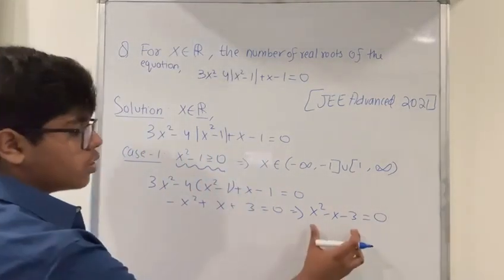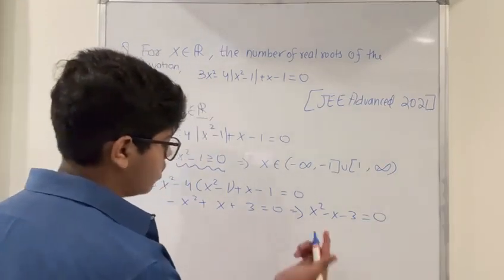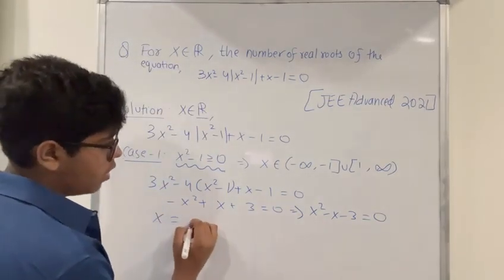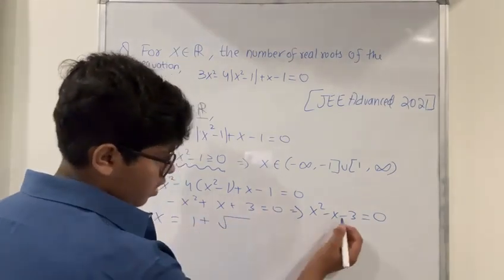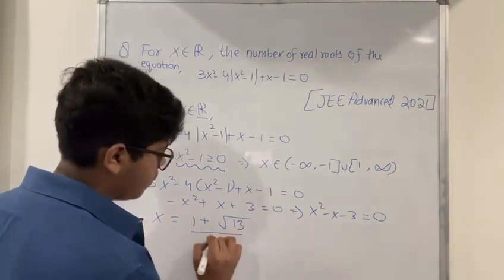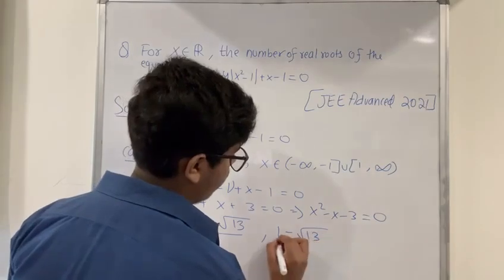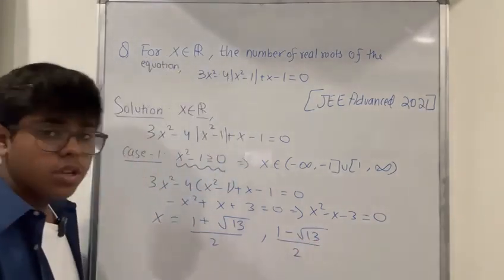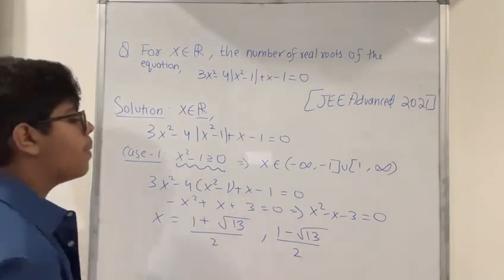So from this, if you find the roots of this equation, they would be x equal to (1 plus under root 13) by 2, and (1 minus under root 13) over 2. So these are our solutions from case 1.